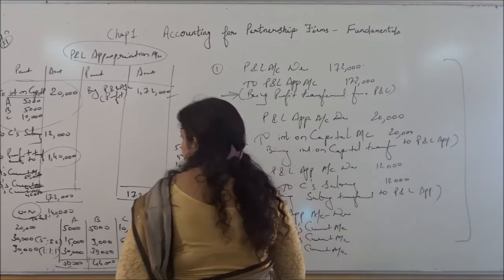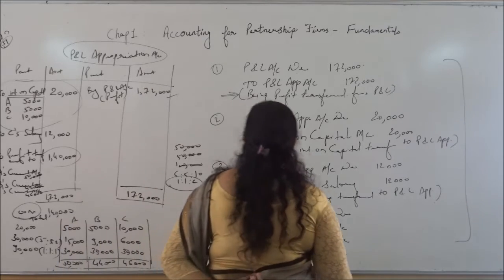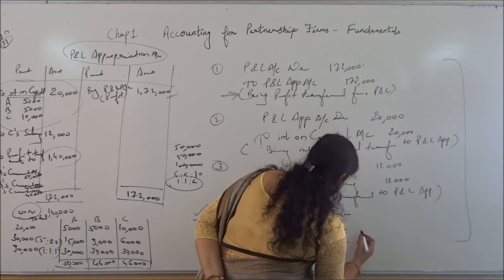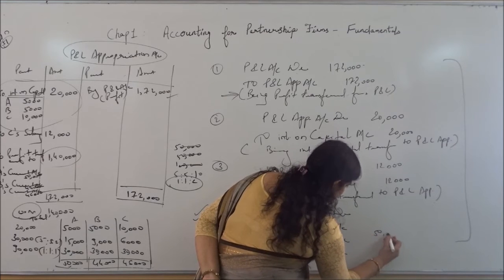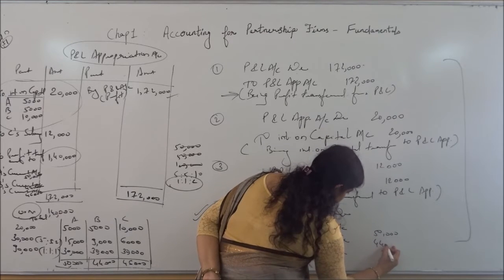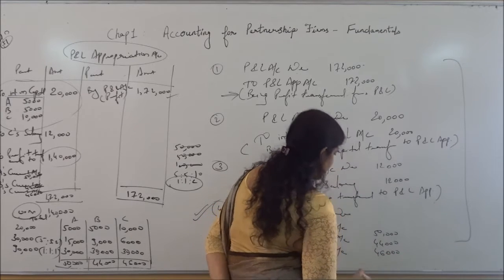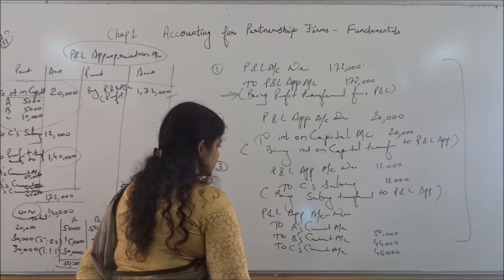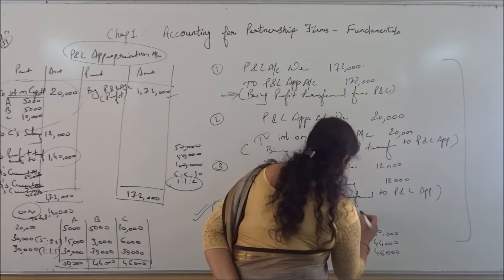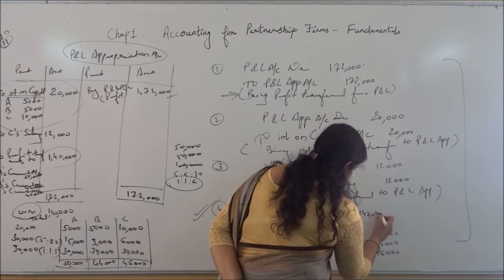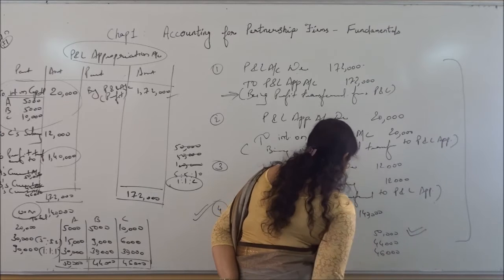How much? 50, 44 and 46. Like this. What is the total here? 1 lakh. This entry was asked, beta, in the question.